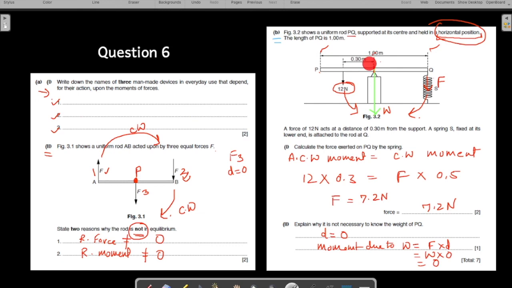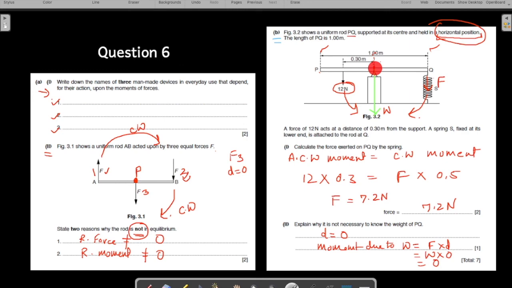Moment created by the weight is 0. So you need not use the term W, which is a force, in any of your calculations for anti-clockwise or clockwise moment, because the weight W is not creating any moment at all. You can ignore it. Why? Because it is passing through the pivot.